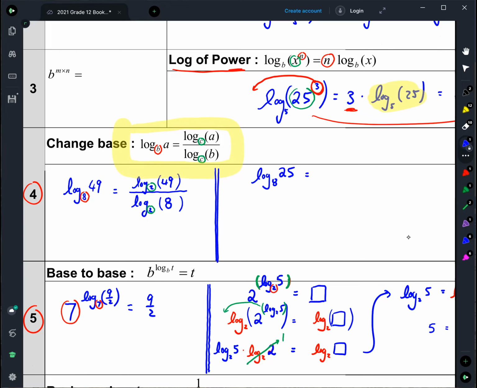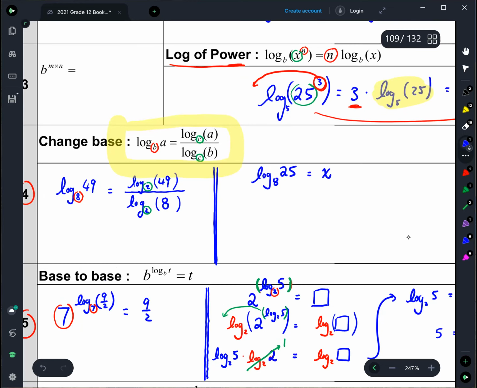We call that x. I just make it up, so it can be any number. If I change this into exponential form, doing the counter clock, 8 to the x equals 25. So we can write it as 8 to the x equal to 25.